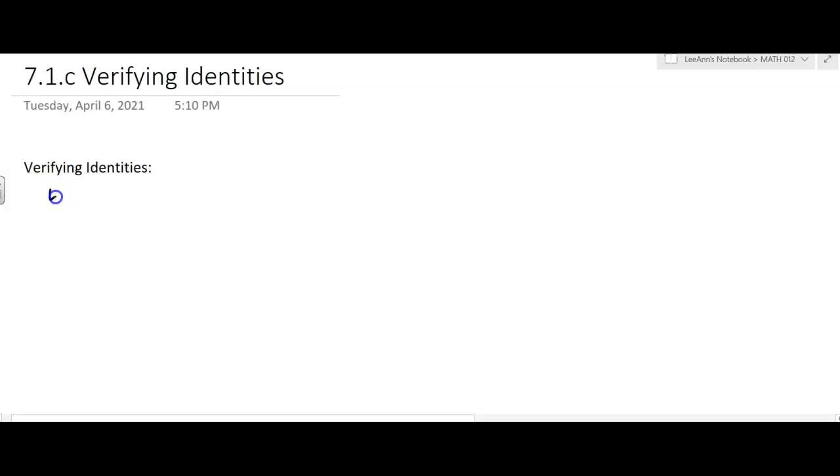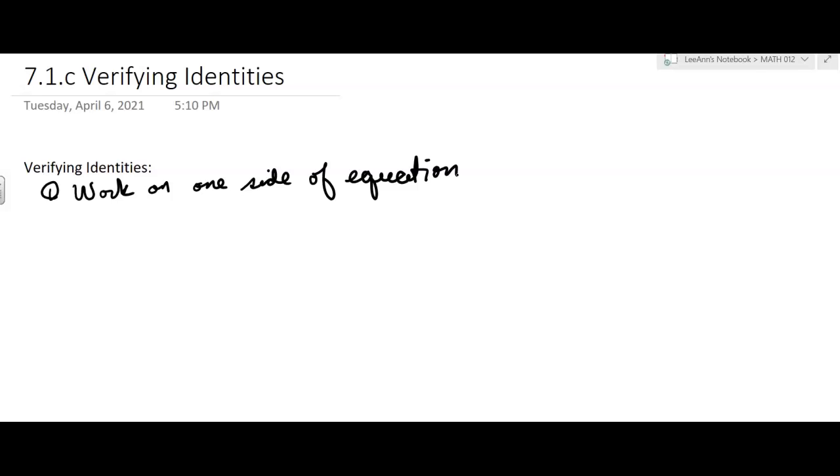So a couple ideas. First of all, work on one side of the equation. Generally we don't work on both sides of the equation. We take one side and we try to turn it into the other side.